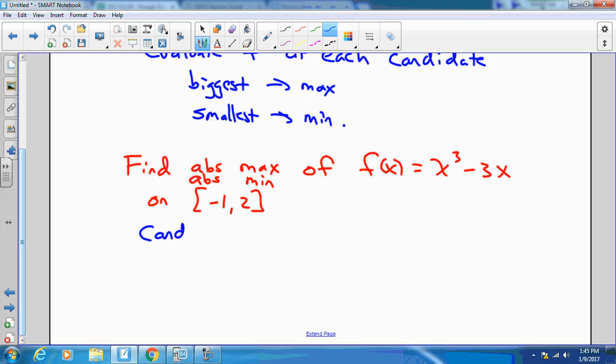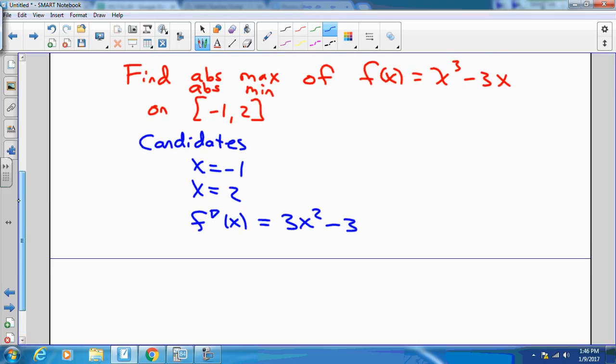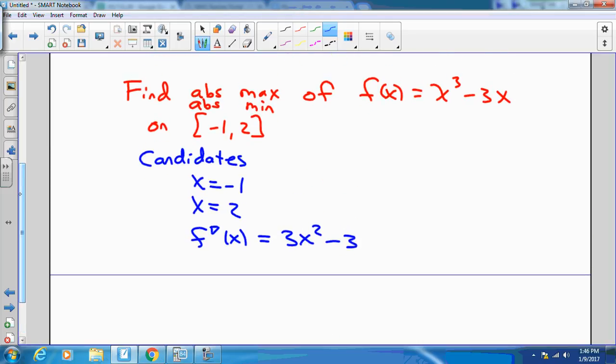So, our first step is going to be to identify the candidates. And the first two candidates we identify are the endpoints of our domain. Automatic. These guys get a bye. Then, for our other candidates, we are going to get critical points. So we need f prime.